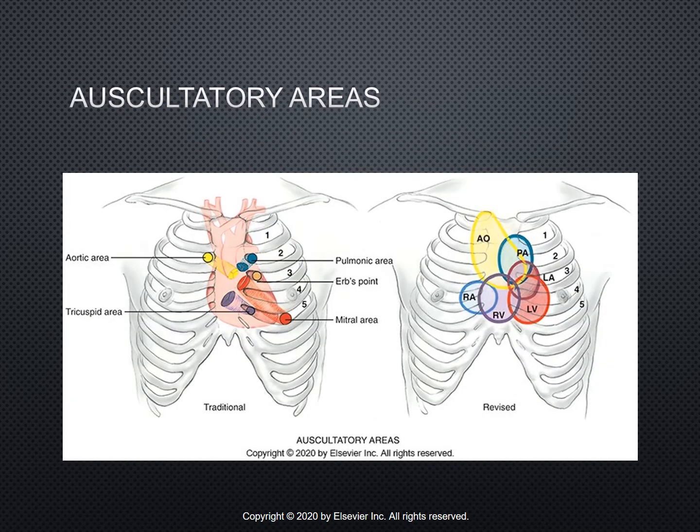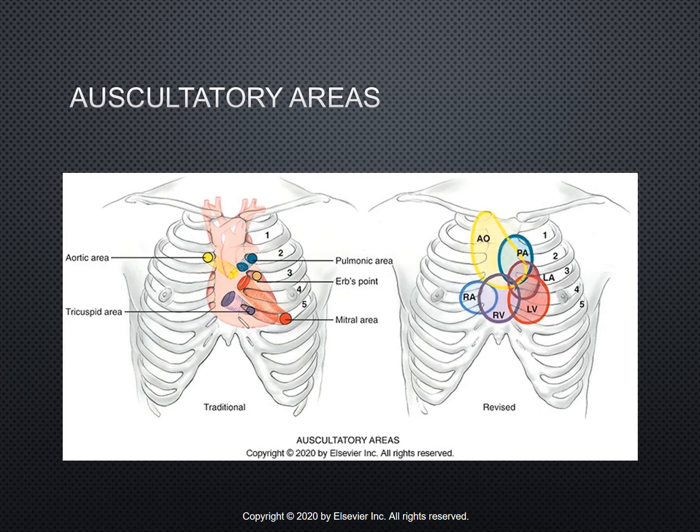So here are a couple of pictures. I don't particularly like these pictures of where you would hear the aortic valve, the pulmonic valve, Erb's point, the tricuspid valve, and then the mitral valve, okay?